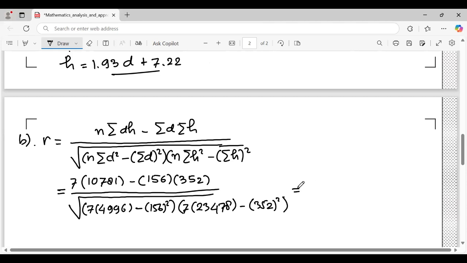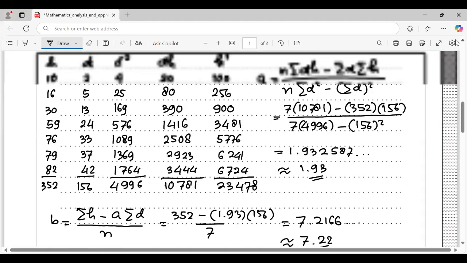And the result, if you calculate, is 0.991087, or 0.991. This is the correlation coefficient.